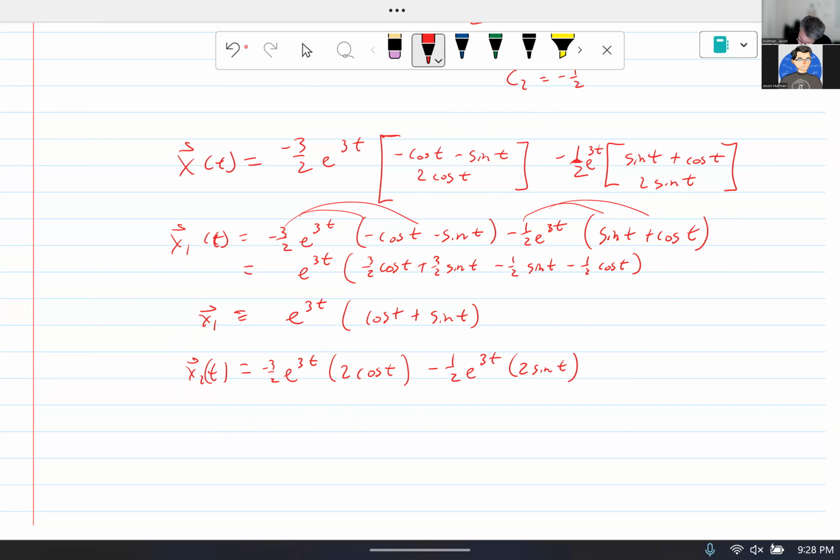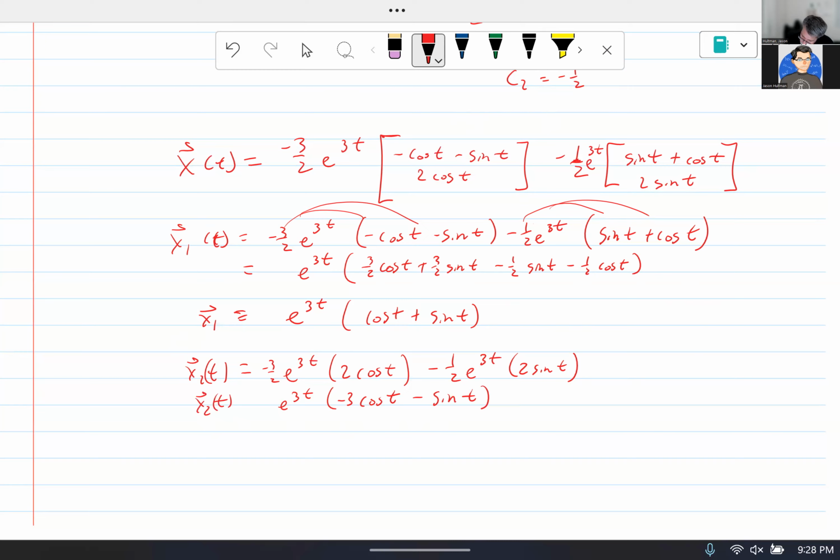So this just becomes, factor out the e to the 3t, e to the 3t times negative 3 cosine t, and then this is minus 1 sine t, and that's x2.